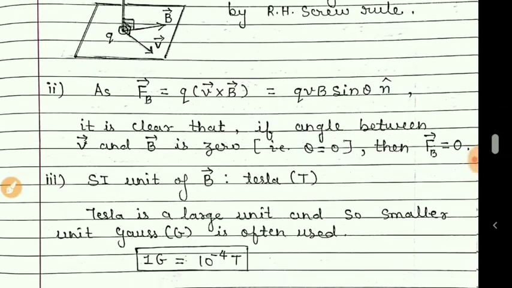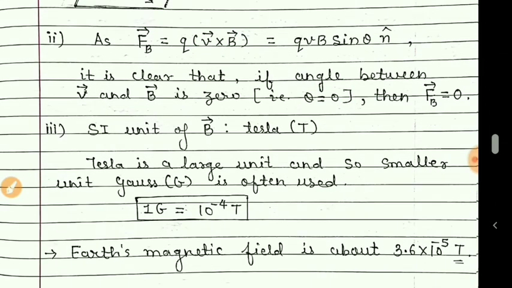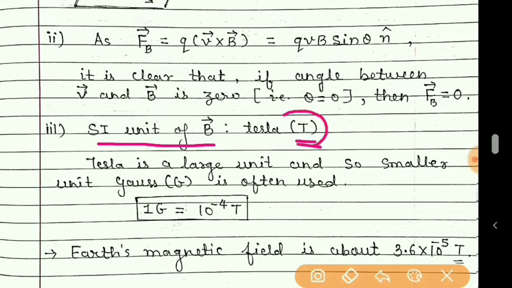Students, now magnetic field is a new physical quantity and its SI unit is Tesla. Capital T is the symbol for it, but Tesla is a large unit, and so generally a small unit is used for magnetic field. But remember, this small unit is not the SI unit.